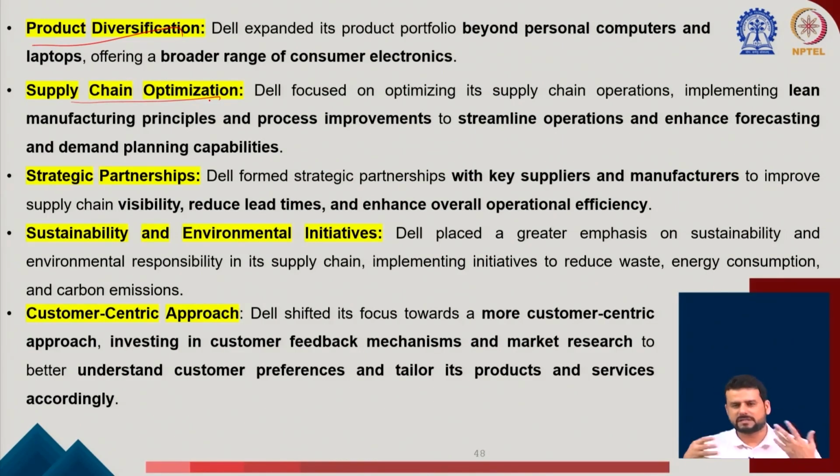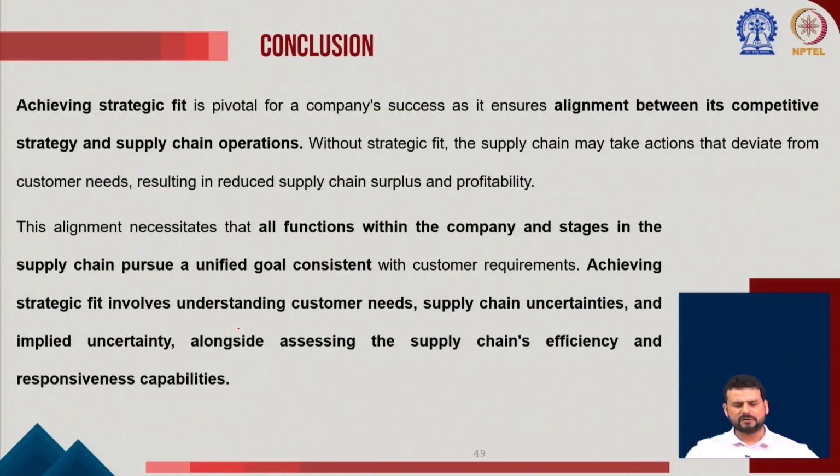Obviously now customers are very aware, and so are regulatory authorities; WEEE, the waste coming from electrical and electronic equipment, you need to handle, because many measures are coming in that way. So they are still focusing on a customer centric approach. The only thing is they have added more into responsiveness and efficiency, because they have moved their retail chain near to the customer, right? So this is another very good example.